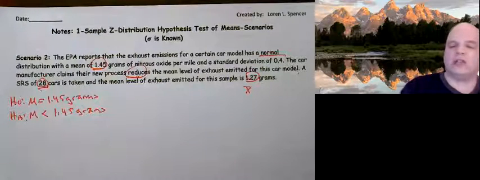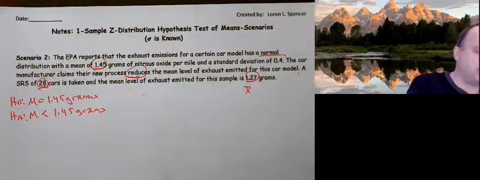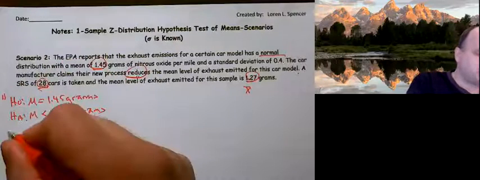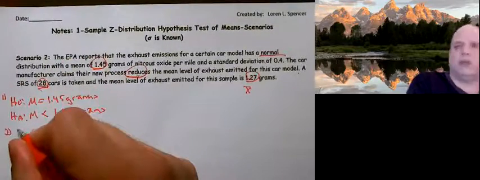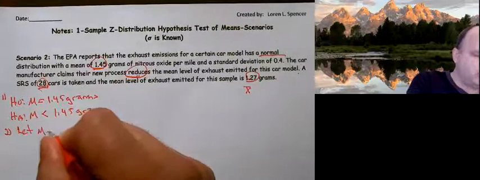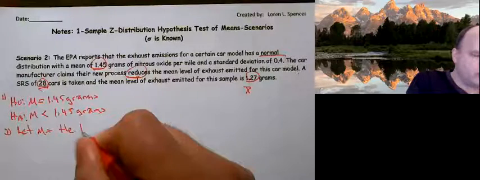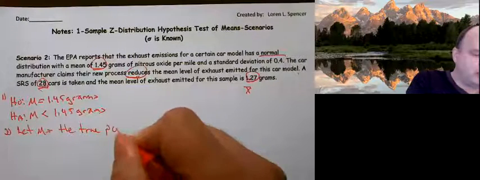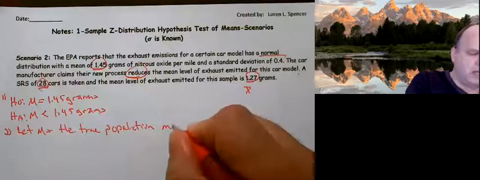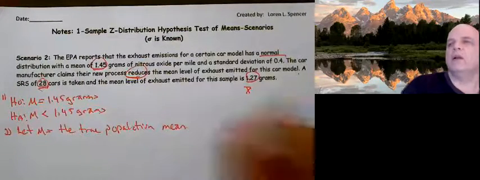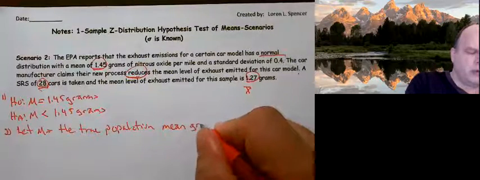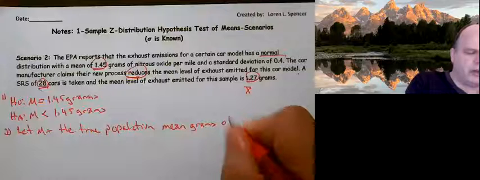So now the next step on our recipe card is to define our parameter. And so our parameter in this case is let mu equal the true population mean grams of nitrous oxide.